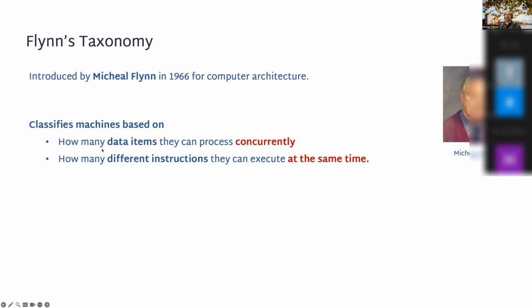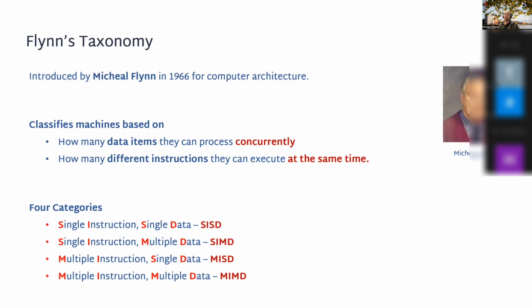The first thing is how many data items the machines can process concurrently and how many different instructions they can execute at the same time. So based on these criteria, we can come up with four categories: single instruction, single data machines, or SISD; single instruction, multiple data, or SIMD machines; multiple instruction, single data, or MISD machines; and finally, multiple instruction and multiple data, or MIMD machines.